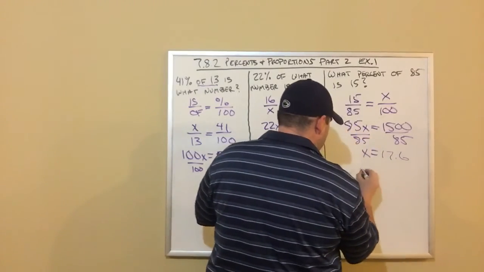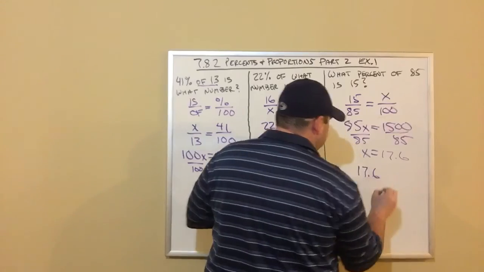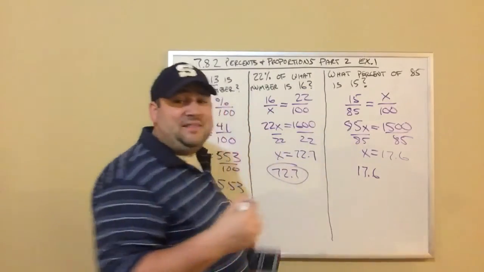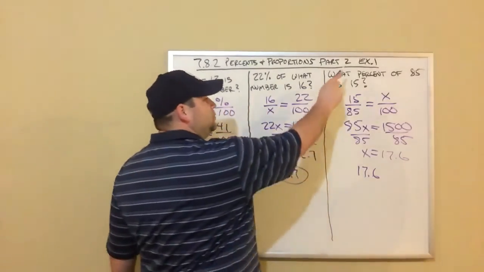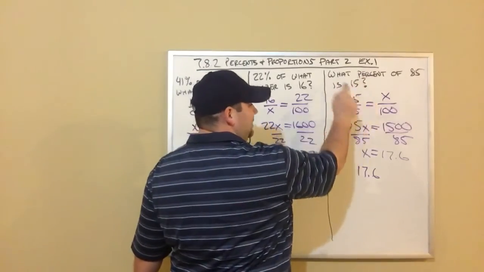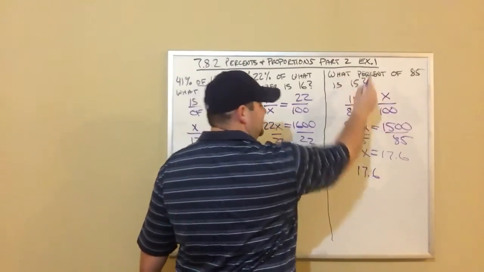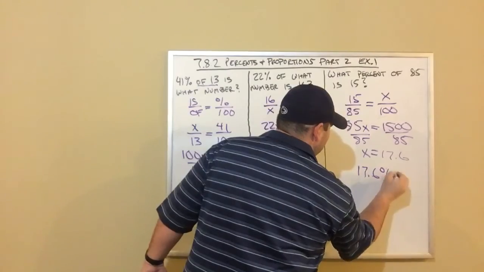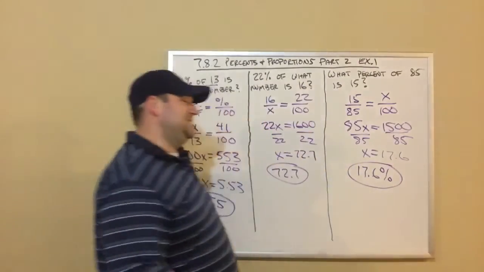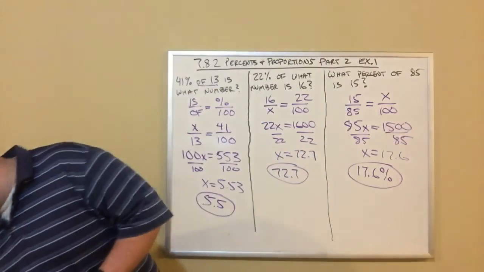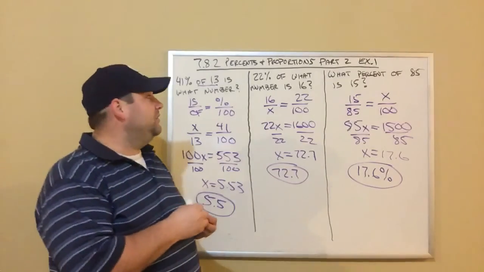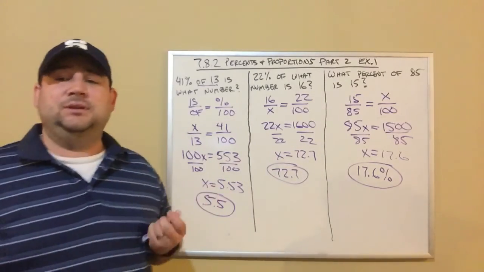Now this one, our answer, 17.6, but don't forget the percent symbol because we were finding the percent. Or X was in the percent spot. The question says what percent? So our answer is 17.6%. Okay.